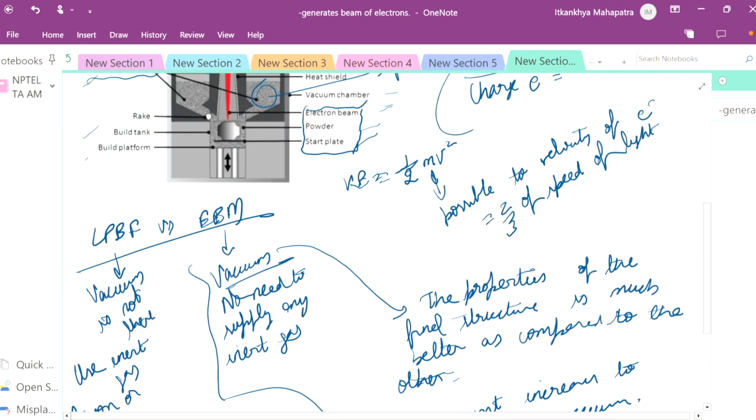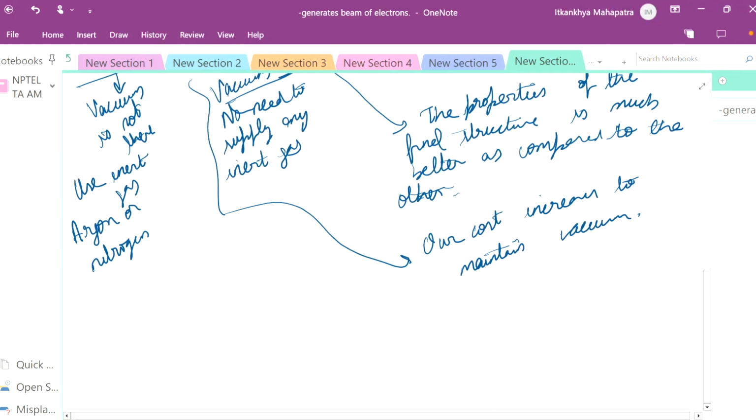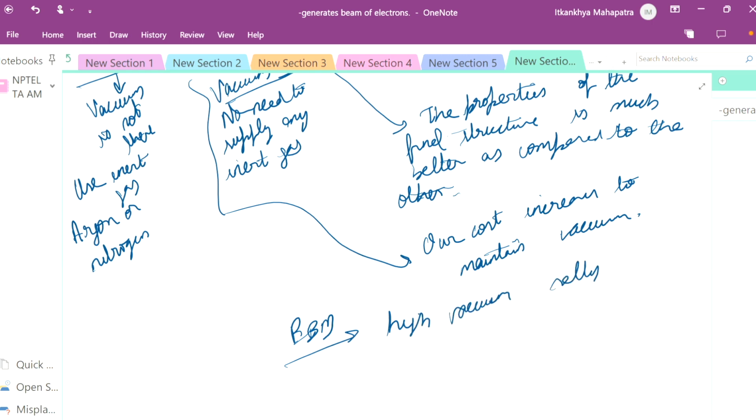So this EBM system needs a high vacuum setup, around 10^-6 to 10^-7 bar.